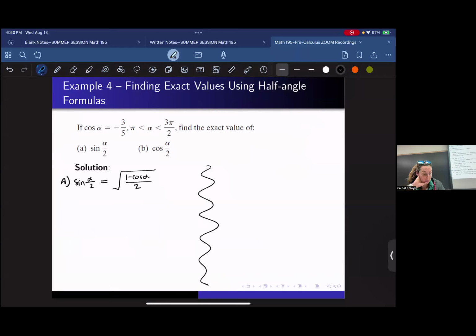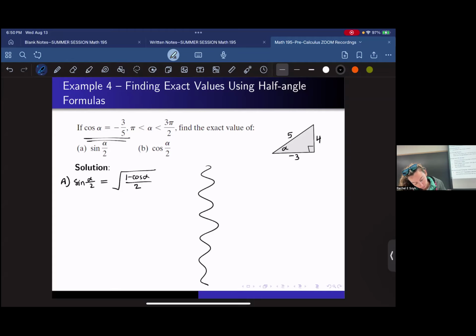But now we have to figure out, we're given cosine alpha, which is negative 3 over 5. Negative 3, 5, and then alpha.